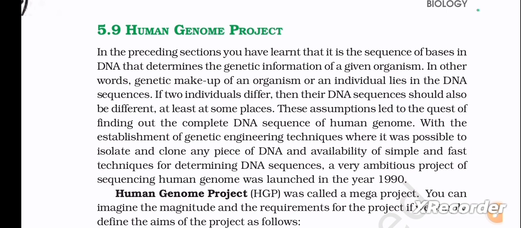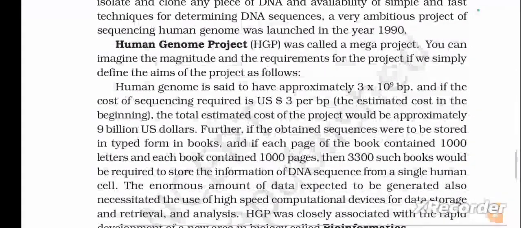With the establishment of genetic engineering techniques where it was possible to isolate and clone any piece of DNA, and availability of simple and fast techniques for determining DNA sequences, a very ambitious project of sequencing human genome was launched in the year 1990. Human Genome Project, HGP, was called as Mega Project.